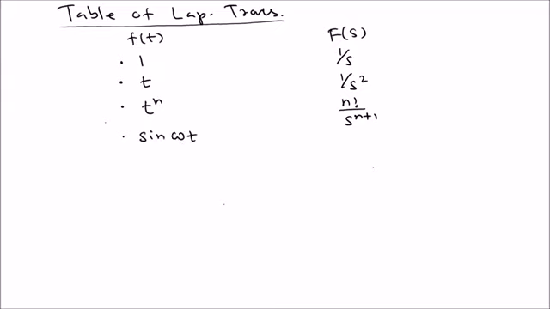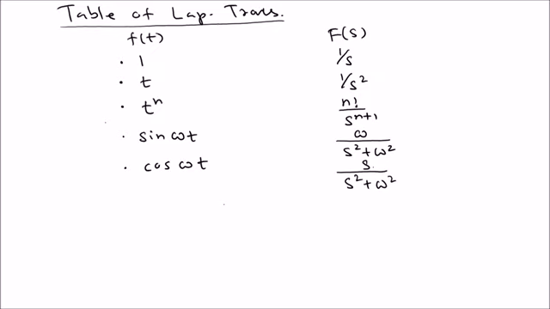Omega is a constant, which is omega divided by s squared plus omega squared. And then we have cosine omega t, which is s divided by s squared plus omega squared.